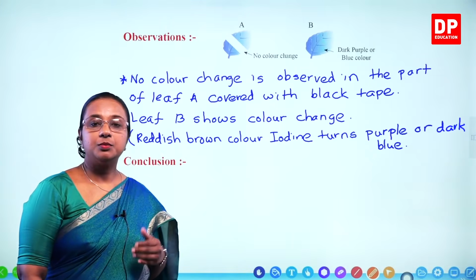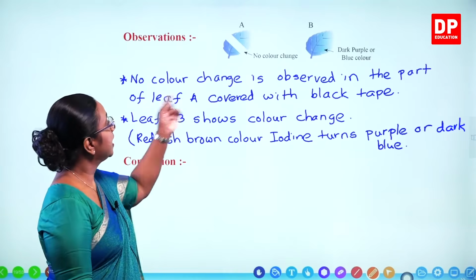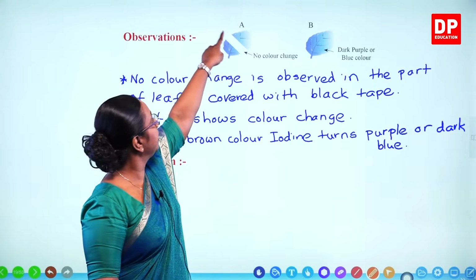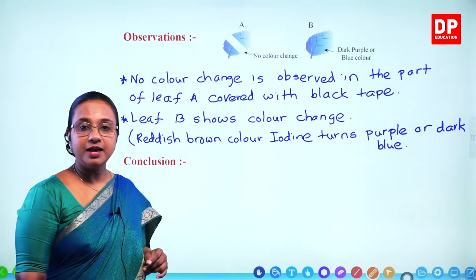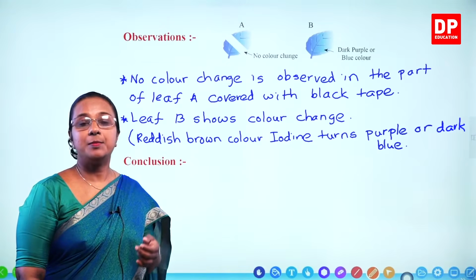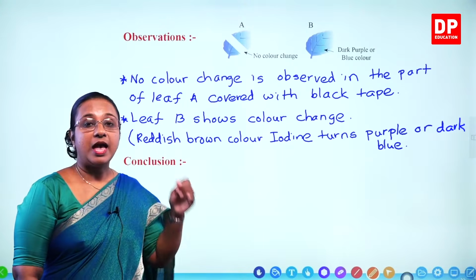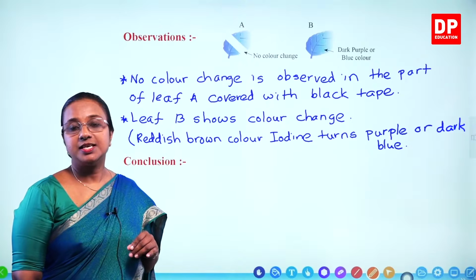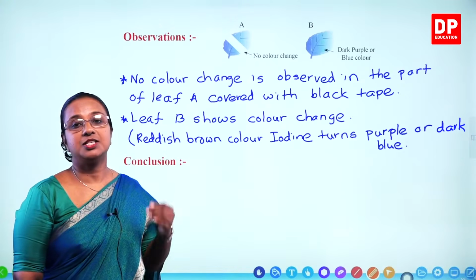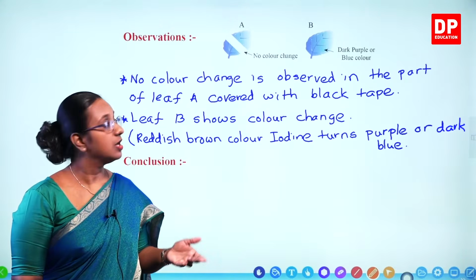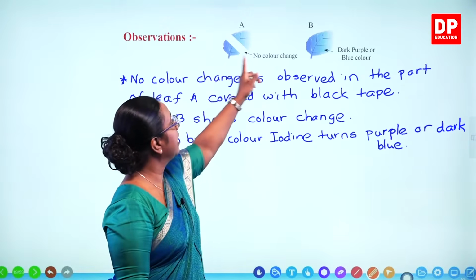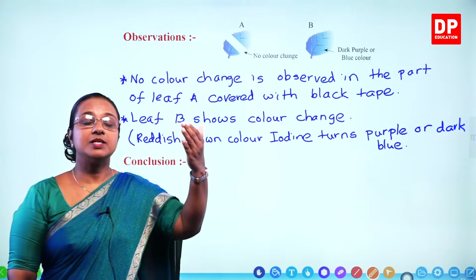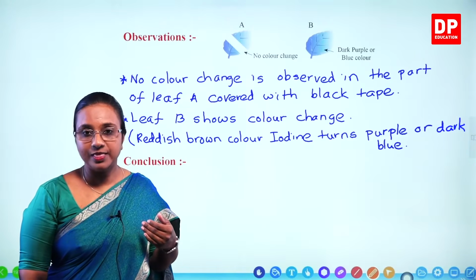So here what happens? There is no sunlight falling in this area because it was covered with black color tape. And there was no photosynthesis, so there is no starch and there is no color change. But the rest of the leaf and leaf B, there was enough sunlight falling on the leaf.